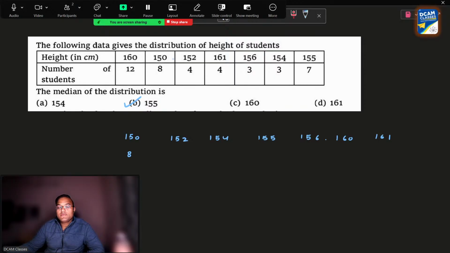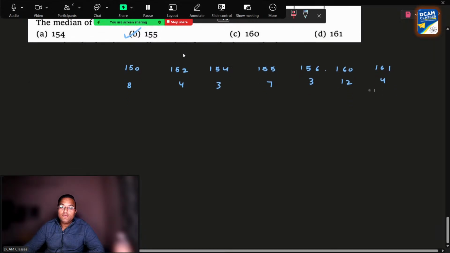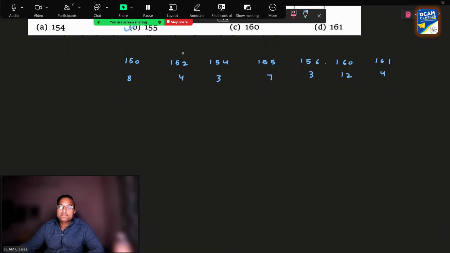Frequencies, the number of students, are 8, 4, 3, 7, 3, 12, and 4. Now you have to find out the cumulative frequencies.